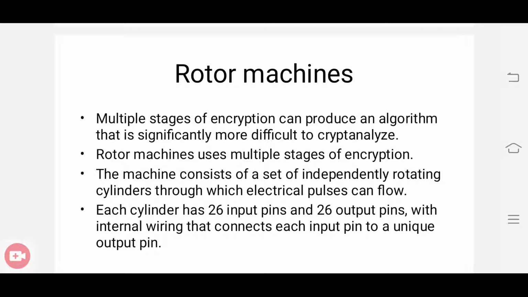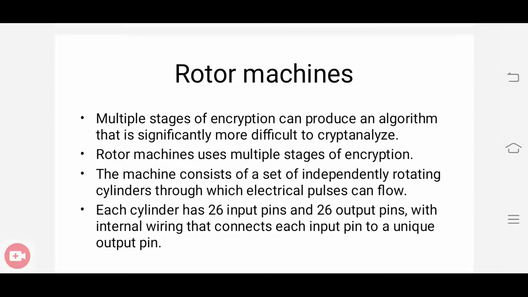This rotor machine consists of a number of independently rotating cylinders through which electrical pulses can flow. For each cylinder, we have 26 input as well as 26 output pins. And each input pin is connected to an output pin by using the internal wiring mechanism.